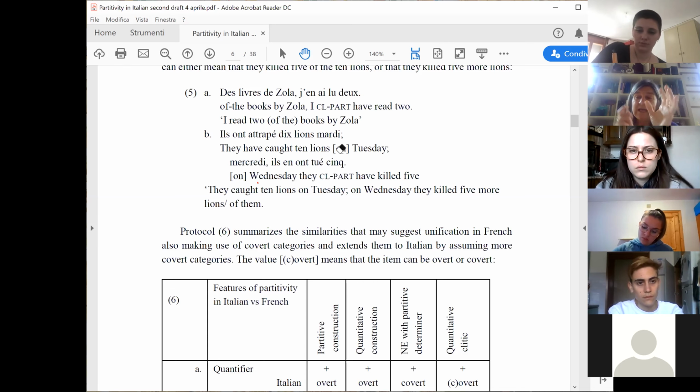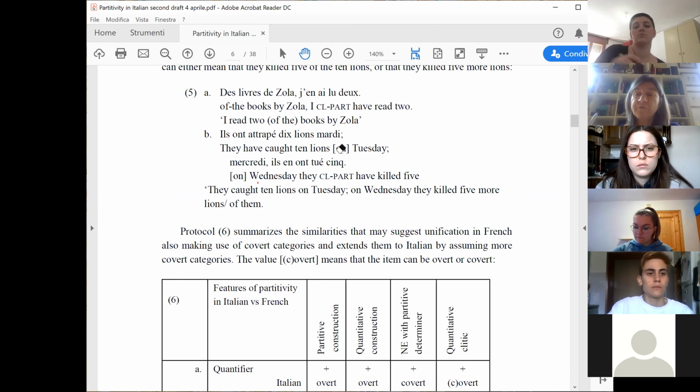So we say this element, which we have moved out, not only is it a constituent, but it corresponds to one category, which is the category of the clitic, okay?